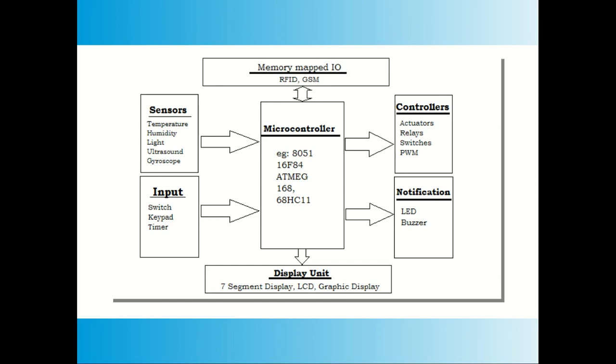Sensors: any type of sensor is a must for IoT so that it can record data. A microcontroller is required so the data can be processed. A type of output unit, such as a display unit, is needed to show the data. Other required components are input, controllers, and notification.